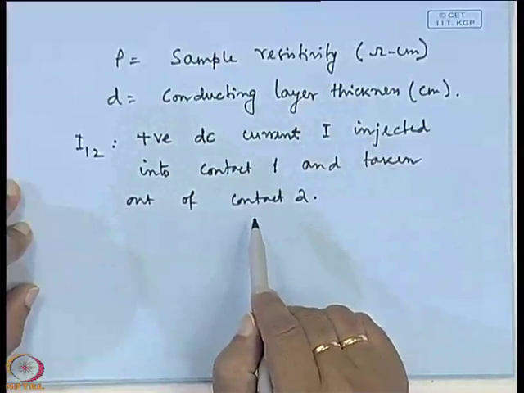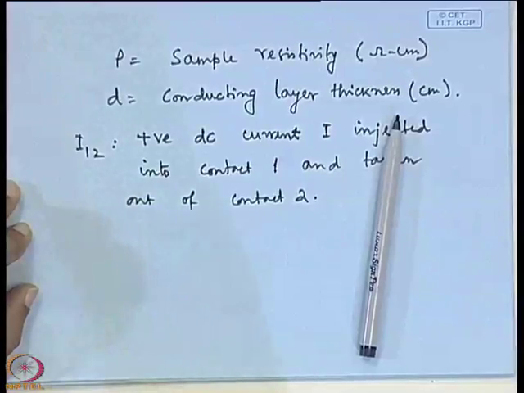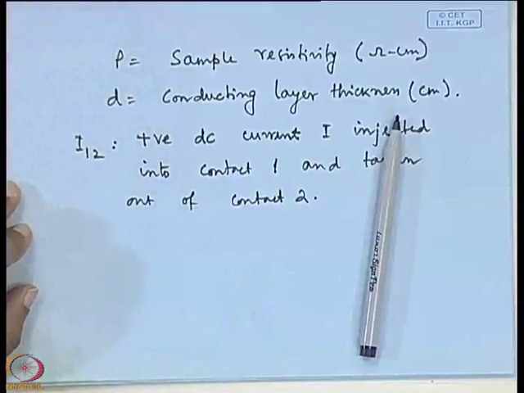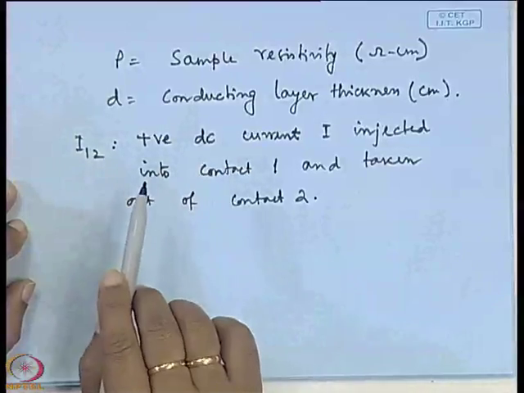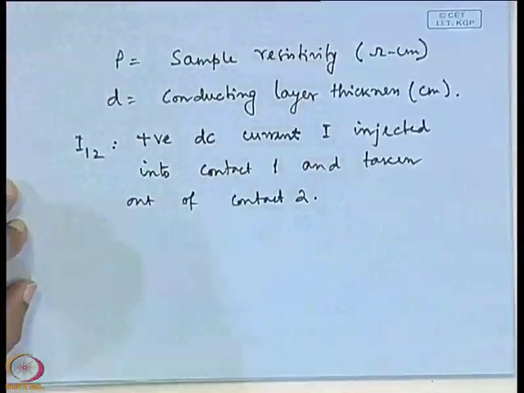That means it is the direction, the polarity of the current. If you reverse the polarity, the current will be I21 instead of I12, and that means the current will be injected at terminal 2 and taken out at terminal 1. So, that is the reverse polarity of the current.